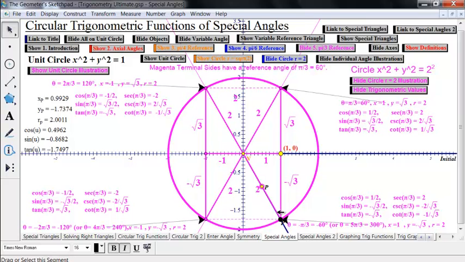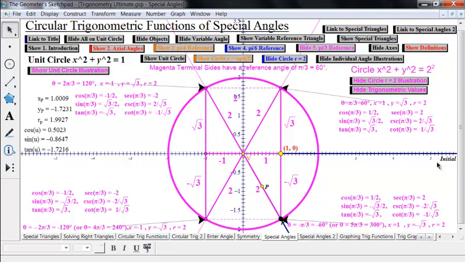In a similar manner, if we rotate in the negative direction by pi over 3, we're down here in quadrant 4, and we see that that's negative pi over 3, or negative 60 degrees. Or perhaps if we rotate in the positive direction, what would we get? Well, we get 5 pi over 3, or 300 degrees, 60 degrees short of a full rotation, or pi over 3 short of a full 2 pi rotation.